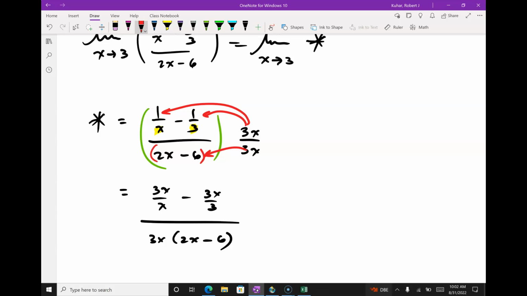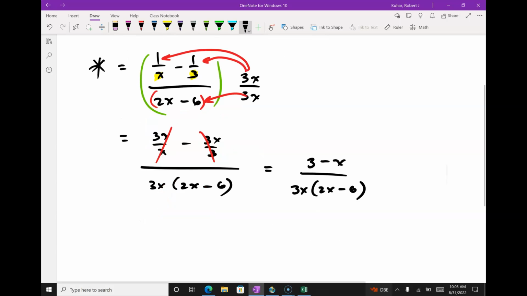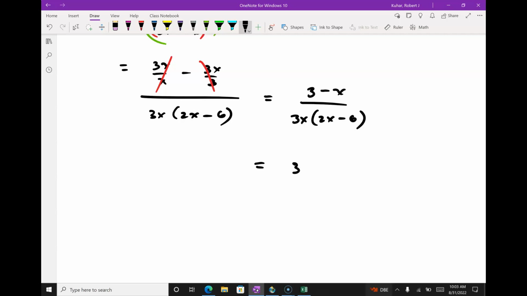So now what happens, here the x's cancel, here the 3's cancel, and I rewrite. I'm trying not to be in a rush. What do I get? I get 3 minus x over 3x times 2x minus 6. But I can factor a 2 out there, can I? Yeah, so I get a 3 minus x over 6x times x minus 3.